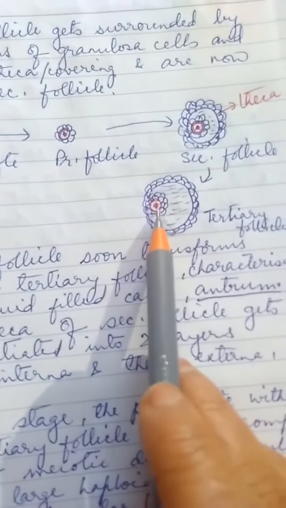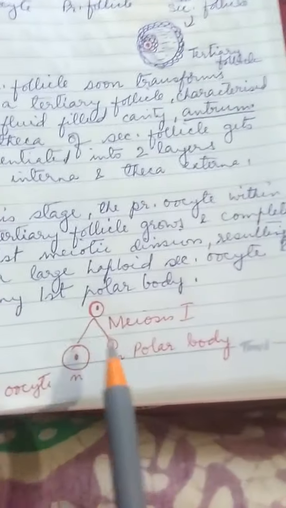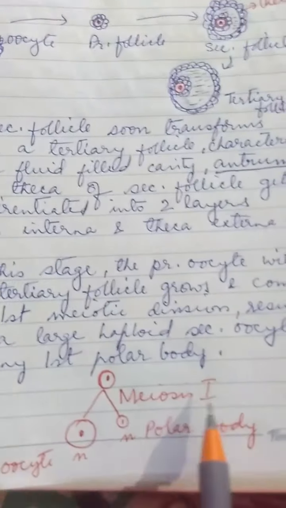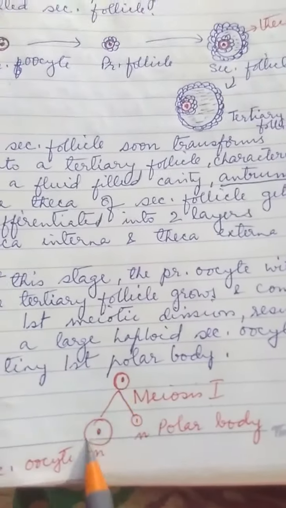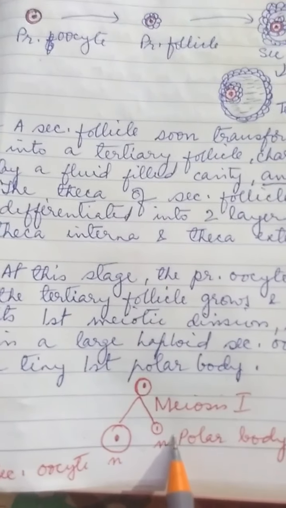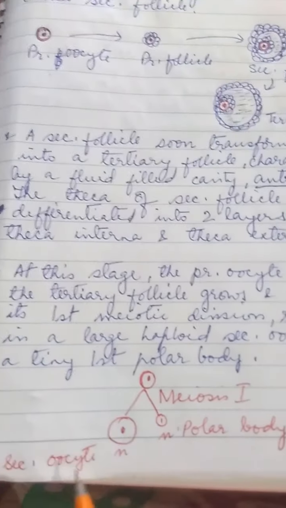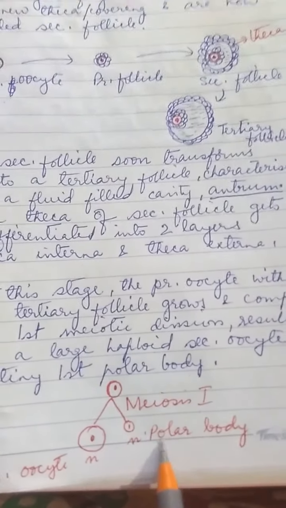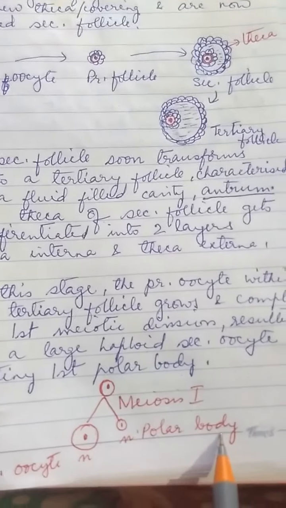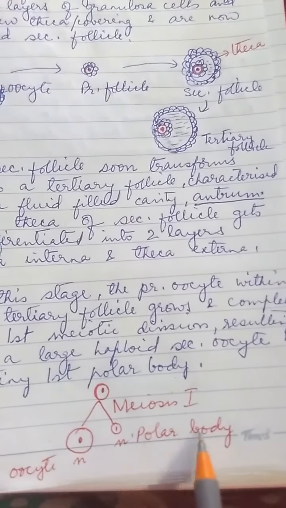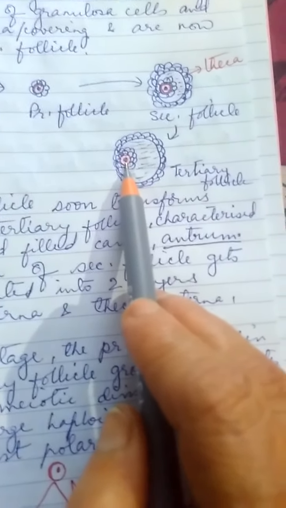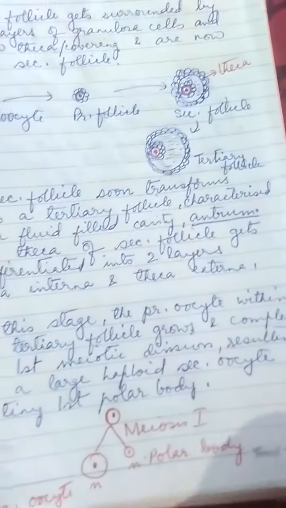The first meiosis results in the formation of two cells, and the first meiosis is always reductional, so the resulting structures are unequal. One is a large cell called the secondary oocyte, and the other is a very small polar body. And where is this division taking place? In the primary oocyte, present inside the tertiary follicle.